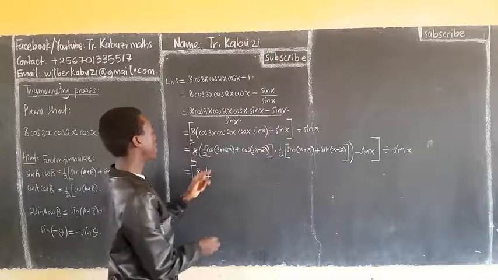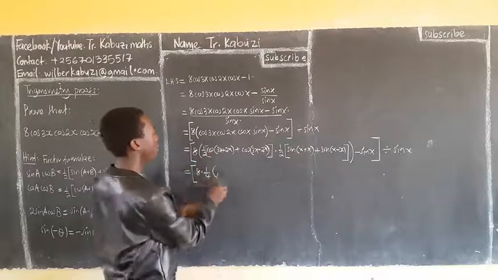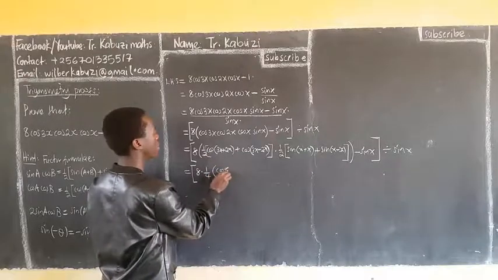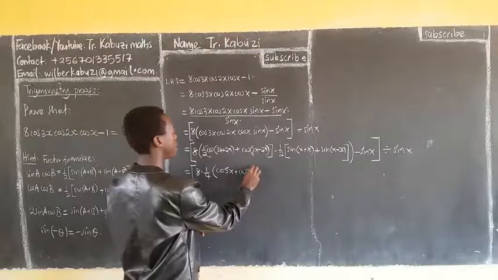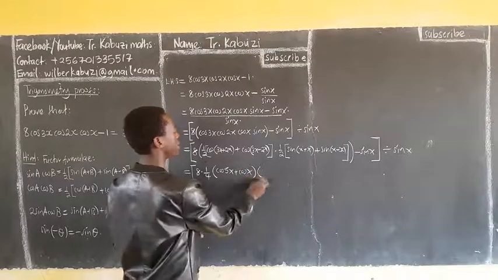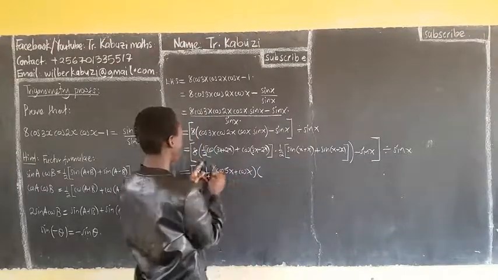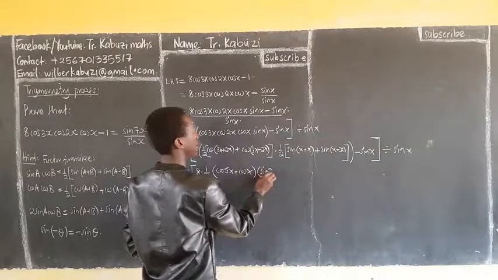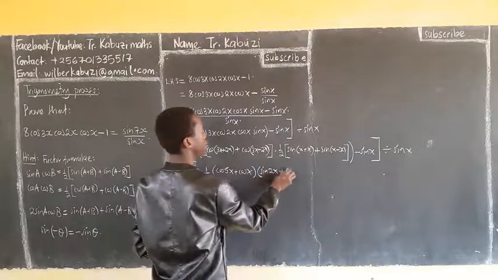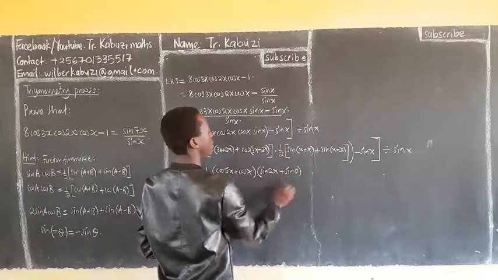Now, here I have cos 5x plus cos x. Then times, here I have this, multiply this together is a quarter. So here I have, then plus sine of 0.